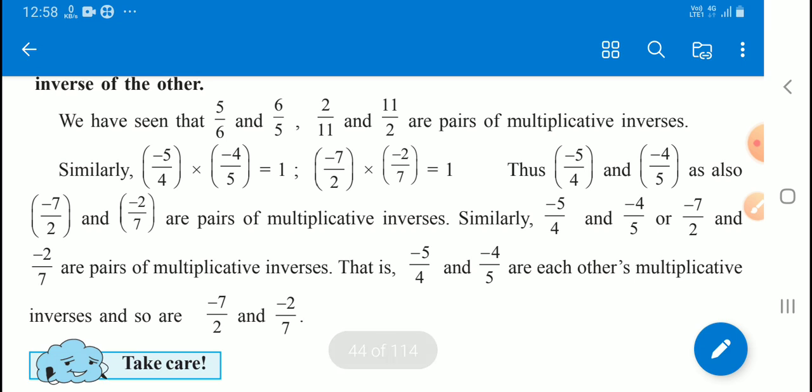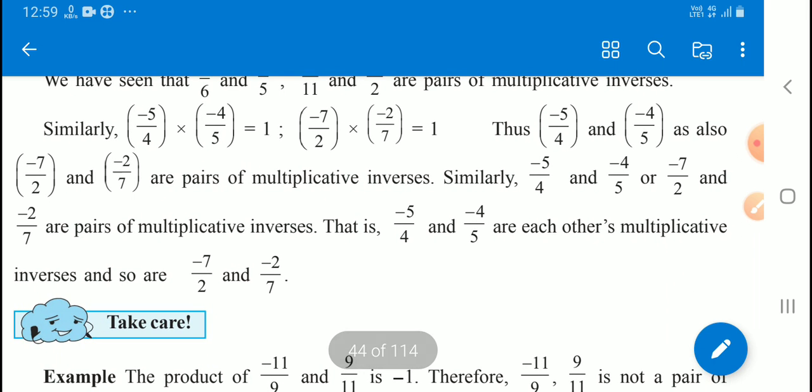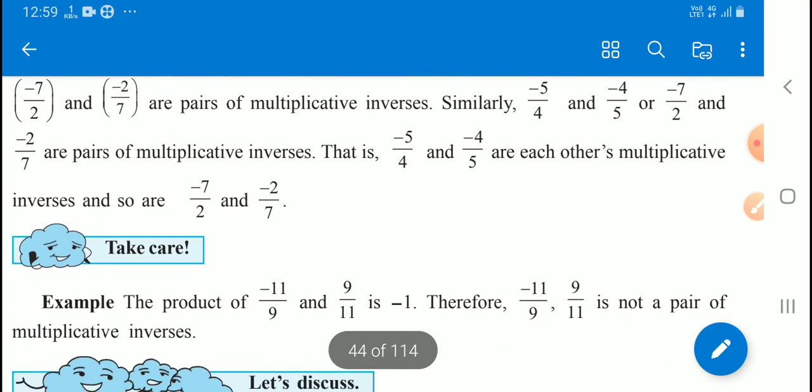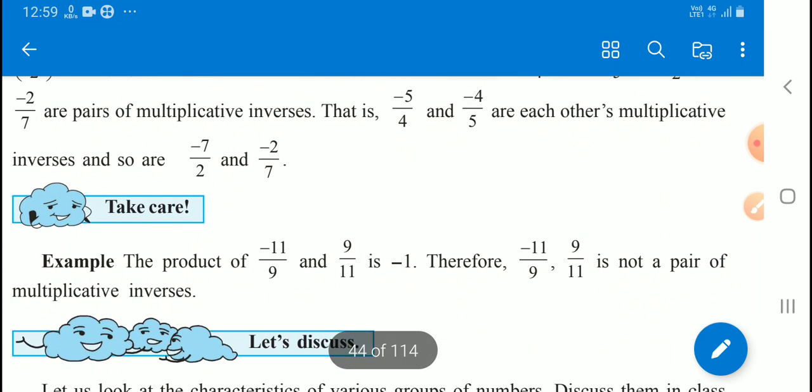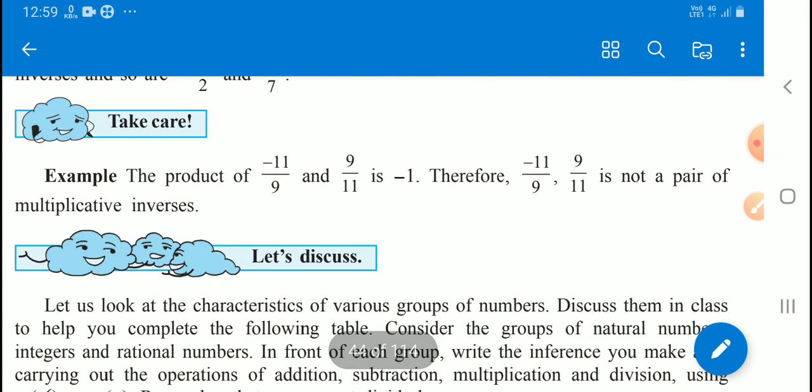Same way, reciprocal of negative 5 upon 4 is negative 4 upon 5. Mostly we give the negative sign to the numerator. Like this, these are known as the multiplicative inverse or reciprocal of those numbers.